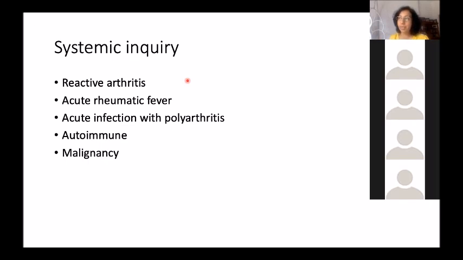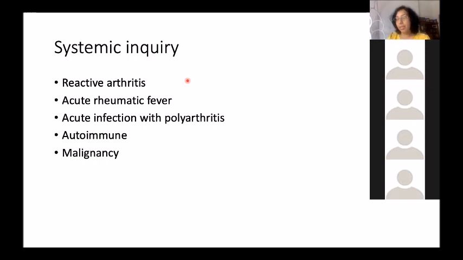And also in your systemic inquiry, you need to find out whether she has any associated symptoms of acute rheumatic fever, like features of carditis, like chest pain, palpitations, right? And any appearance of skin rashes, you could ask. And regarding autoimmune disorders, right? Considering SLE, you know what to ask, like appearance of oral ulcers, recent hair loss, weight loss, right? So all those things are important to find out.